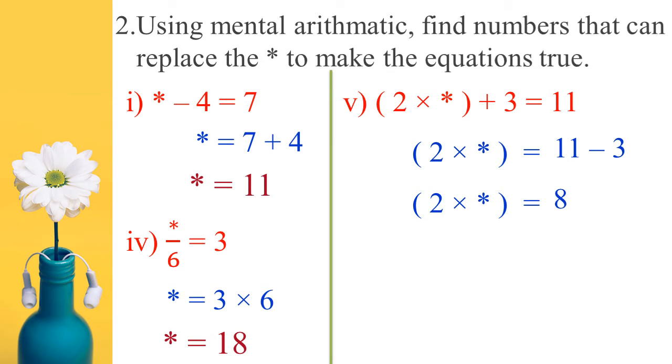So we get 8. Next move 2 to the right hand side. So we get star equal to 8 divided by 2. We get 4.